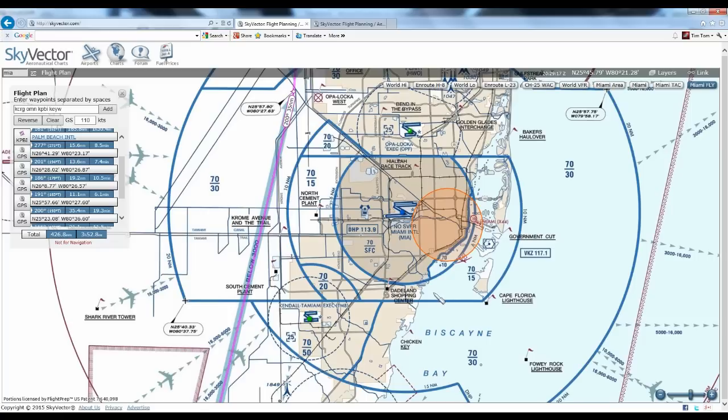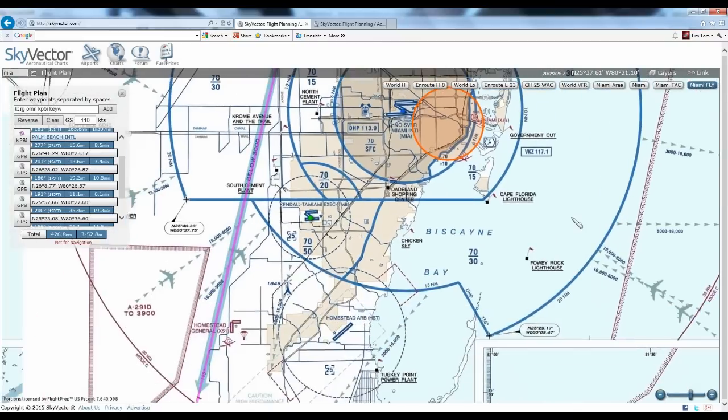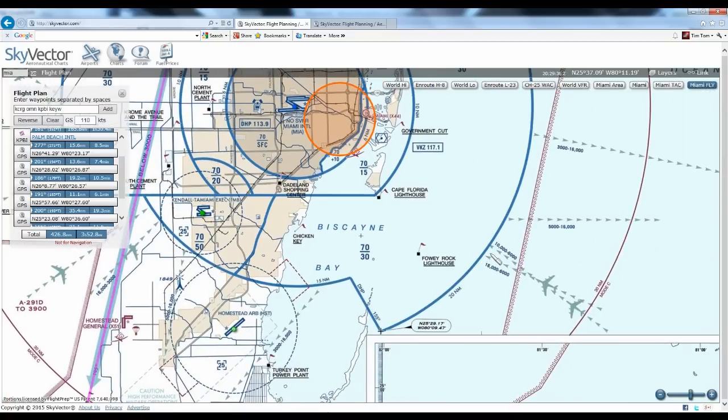So yeah, you can look at Class Bravo, the way it's constructed, and see how they are funneling traffic. If you look at Miami, it's funneled as sort of an hourglass on its side. So all the traffic's going to be coming this way, or this way, this way. They're going to be in there. And once they exit the Class Bravo, they're going to be most likely above 10,000.